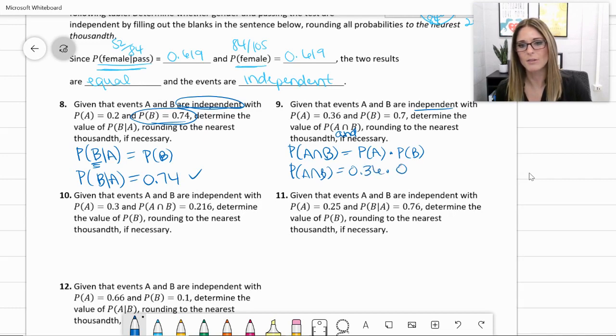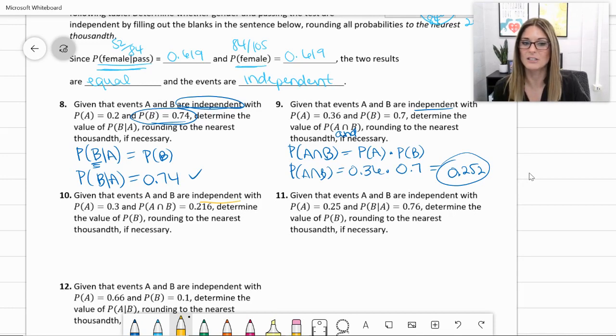I'm going to multiply that with the probability of B, 7/10, and that gives us 252 thousandths.